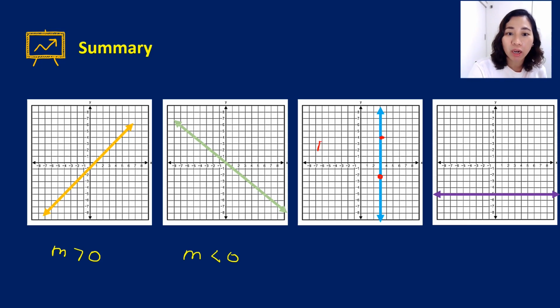So that means your run here is 0. And remember that the slope is rise over run. Since the denominator will be equal to 0 in this case, that means that the slope will be undefined. Alright? Undefined.